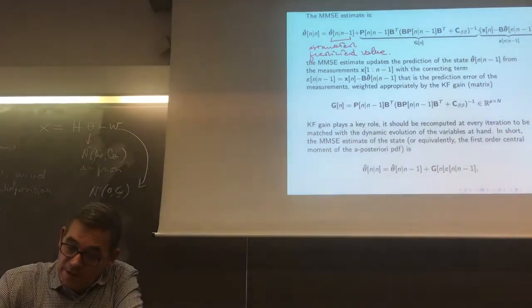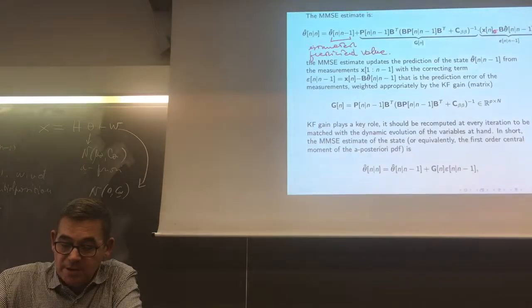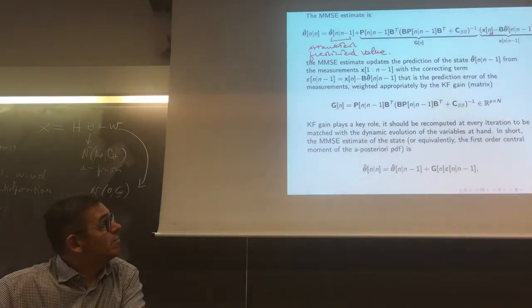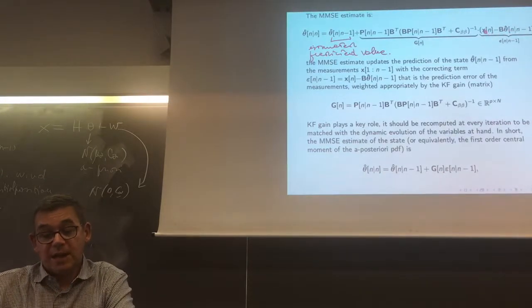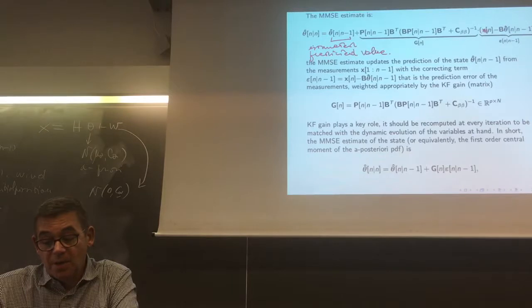Then what is the second term? The second term here is x minus b theta hat n minus 1. Now, x is the data minus b theta hat.